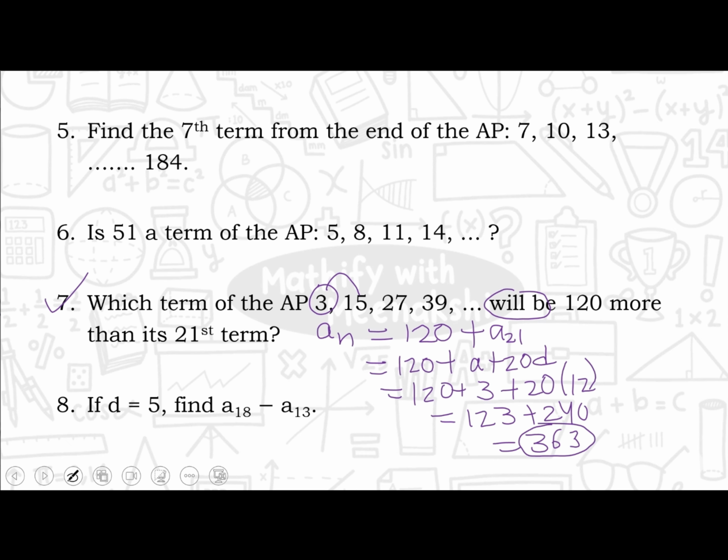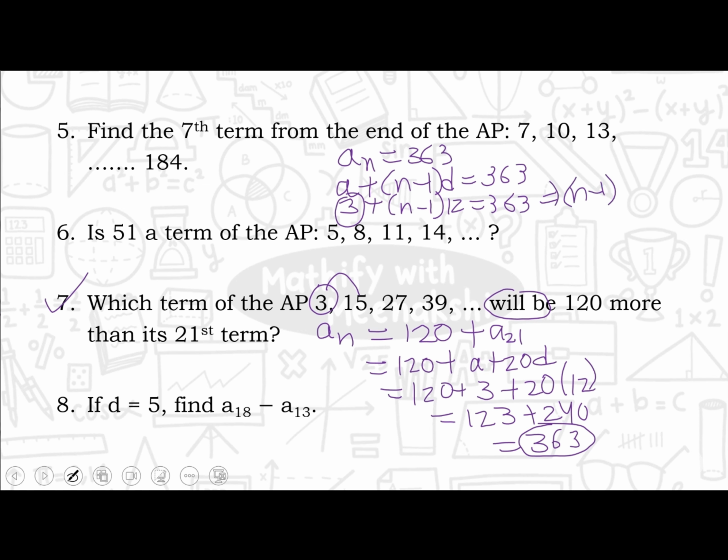They are saying which term? This is a term. Which term means you have to find n here. So an is 363. Just put the value here. Formula: a plus n minus 1 d is equal to 363. Now a is 3, n minus 1 into 12 is equal to 363. Just transpose 3 to that side, it becomes minus 3. So n minus 1 into 12 is equal to 360.